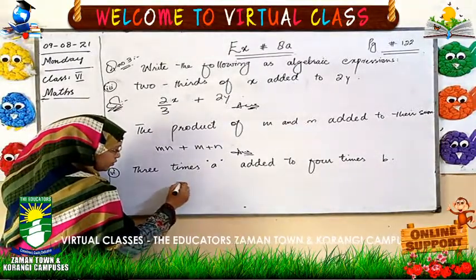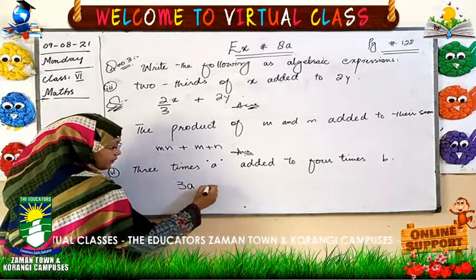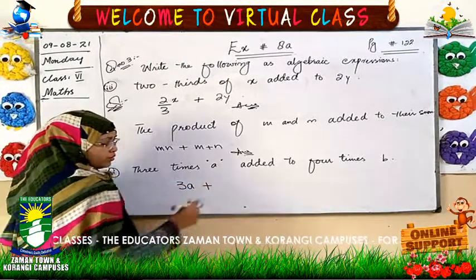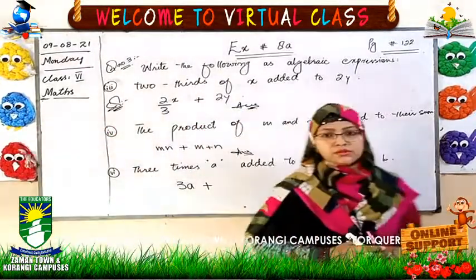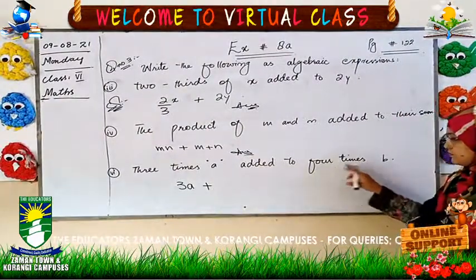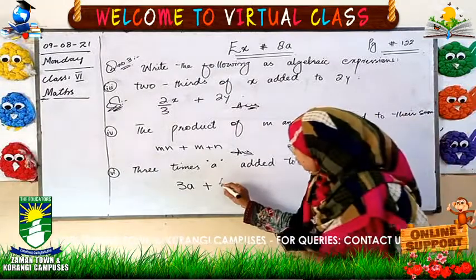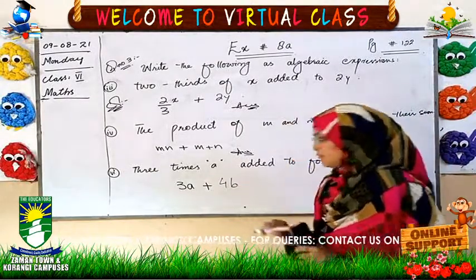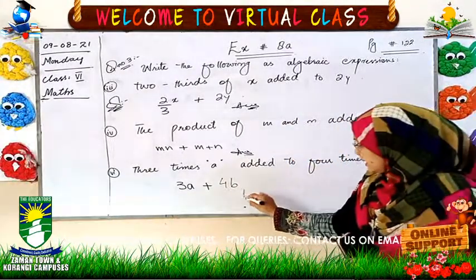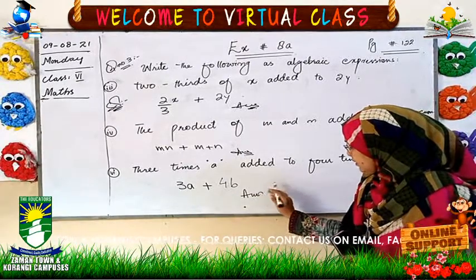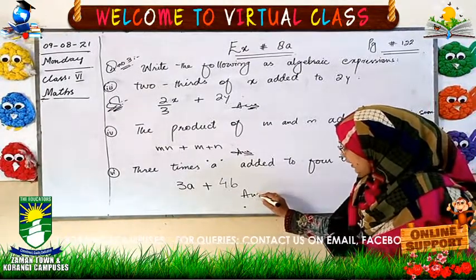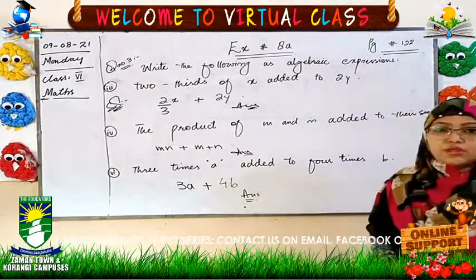It is 3a added to what? 4 times b. Added to 4 times b. It is 4b. 3 times a added to 4 times b. This will be your answer or the algebraic expression for the given sentence.